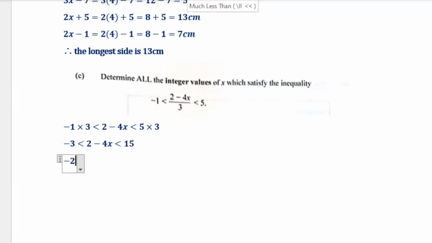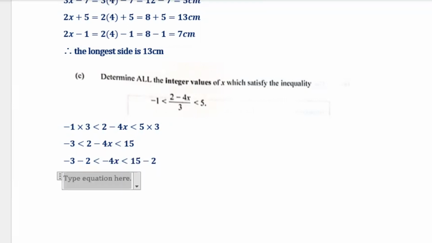So we'll have -3 minus 2 is less than minus 4x, because that is what remains after we remove the 2, is less than 15 minus 2. So -3 minus 2 gives us -5 is less than minus 4x, which is less than 15 minus 2, which leaves us with 13.